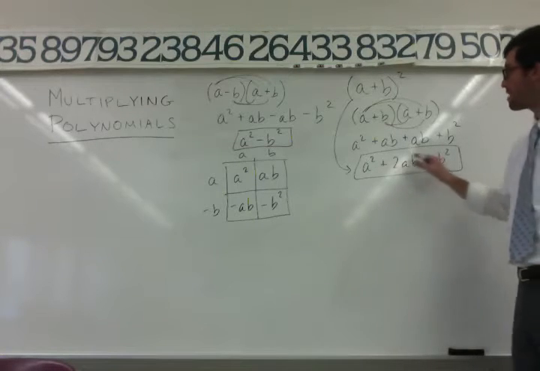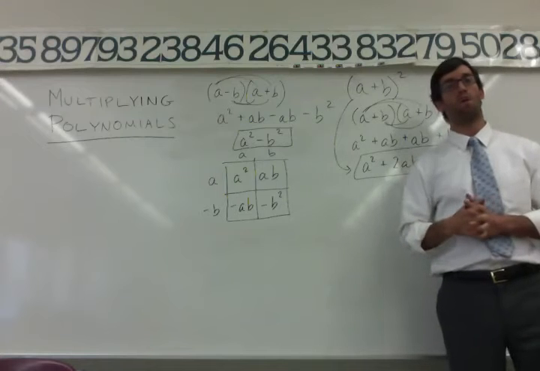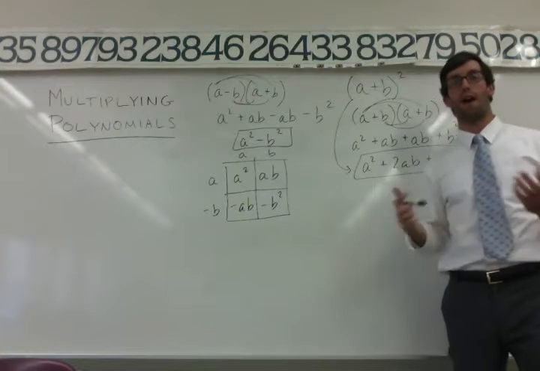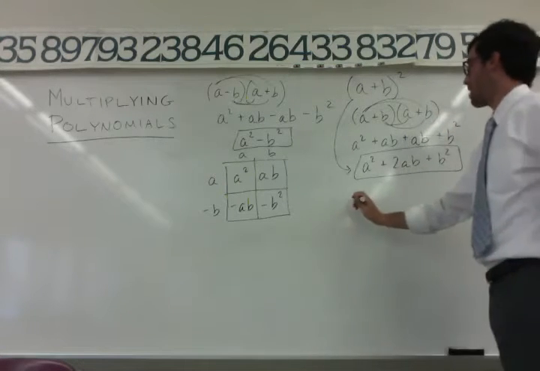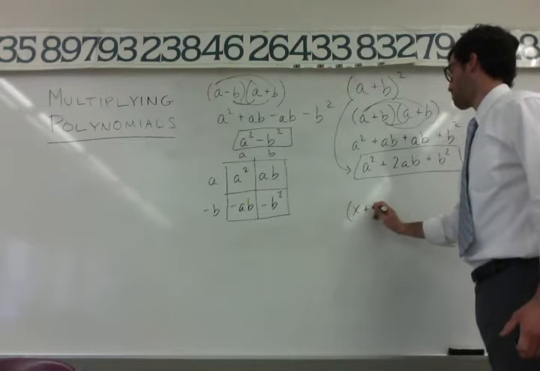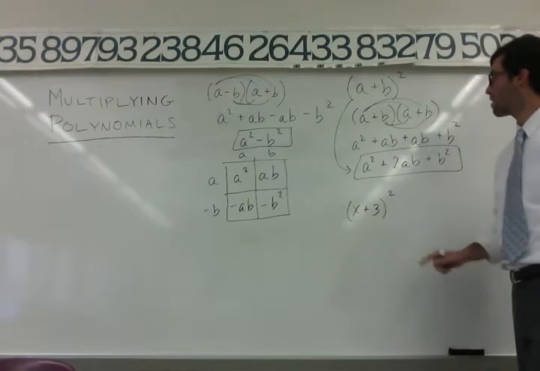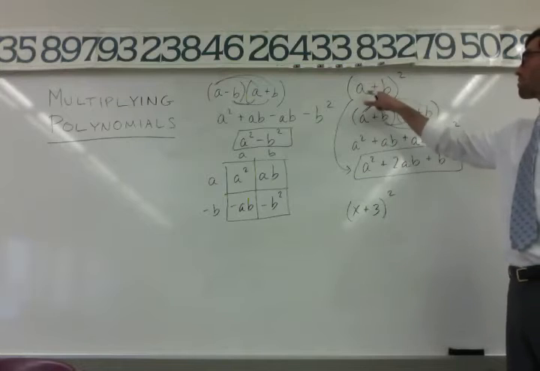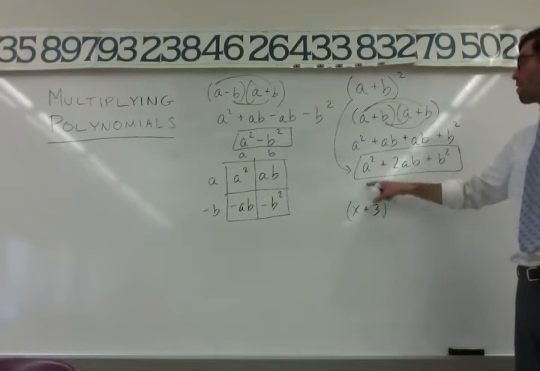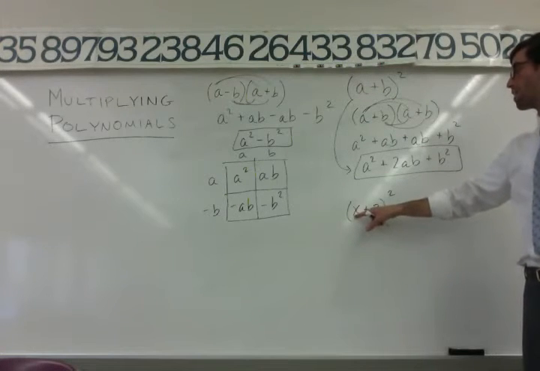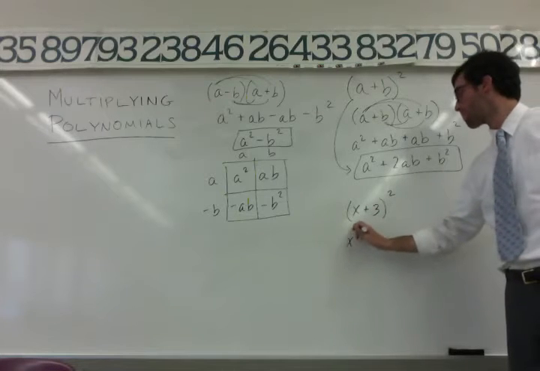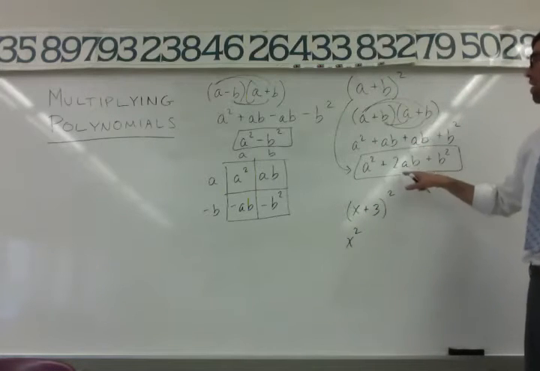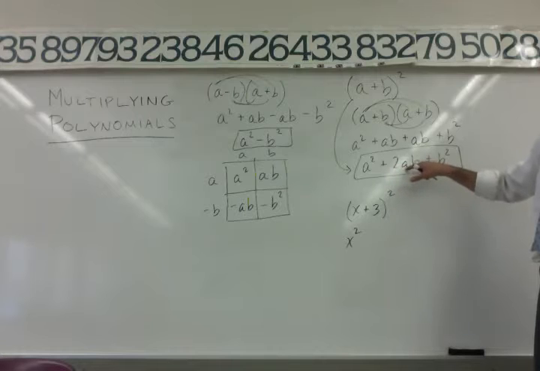Now the nice thing about this is that if you remember that formula, you can use that to do any problem such as x plus 3 squared. If you remember that the way it works is always, well, the first term squared will be first, right, a squared, and the middle term is 2 times ab.